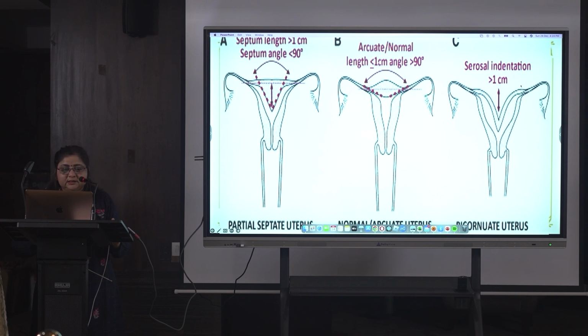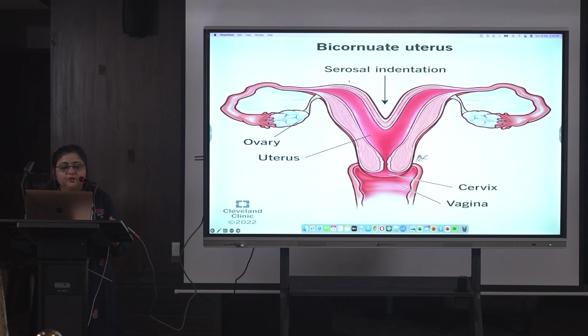This is the external indentation which is more than 1 centimeter, and this was the internal indentation less than or more than 1 centimeter. So in bicornuate uterus, you can see there is a serosal indentation and it is also causing a fundal indentation. So it was called bicorporeal septate uterus.